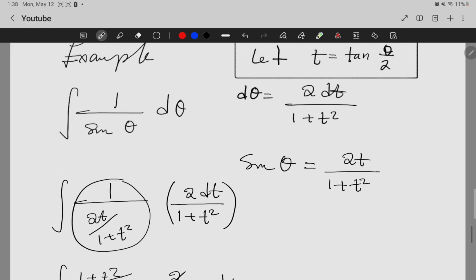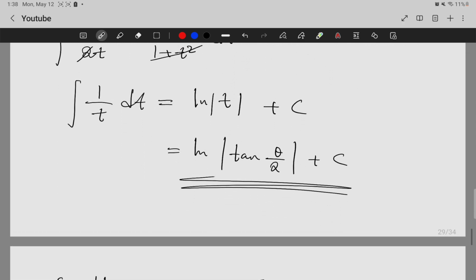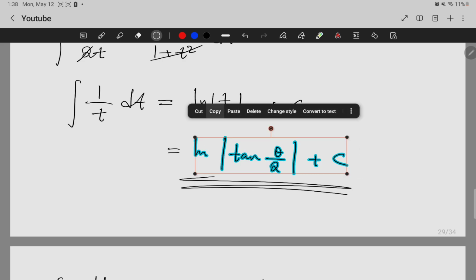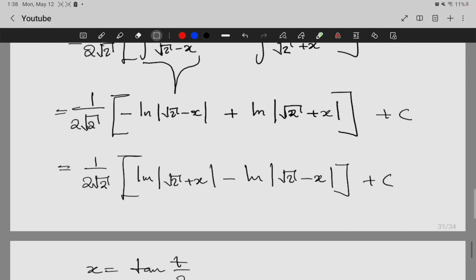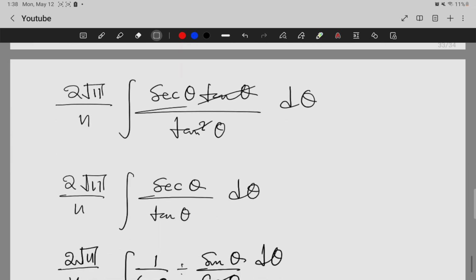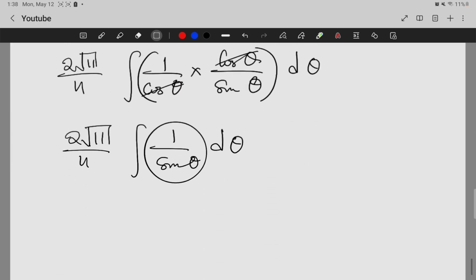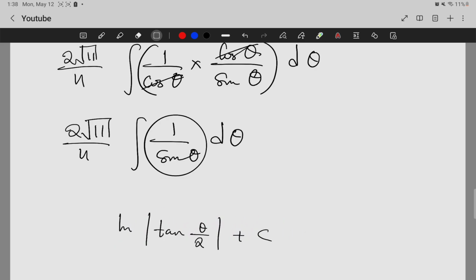So basically we used this substitution, and the solution came out as this expression.